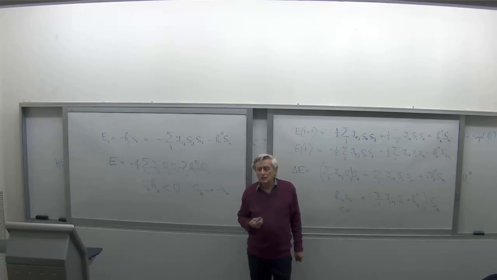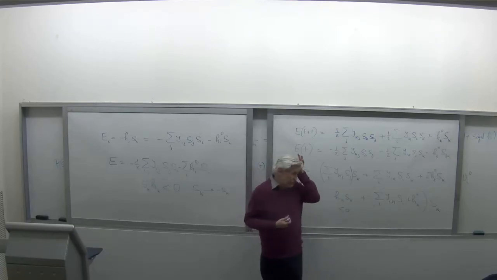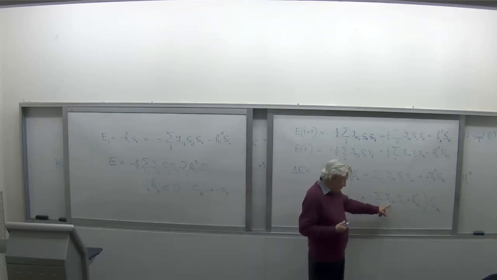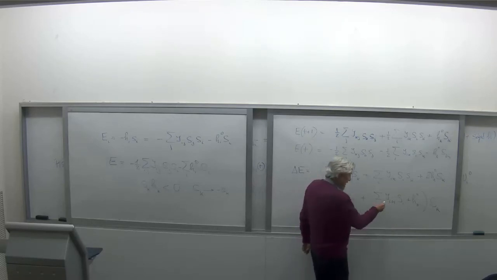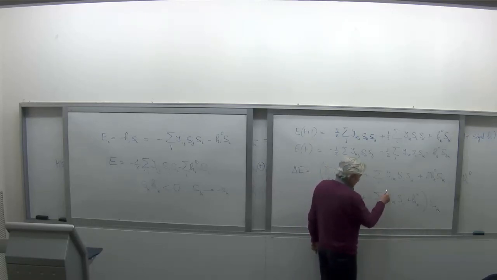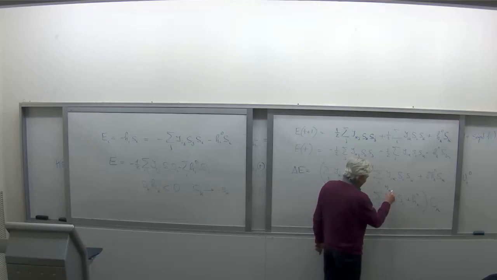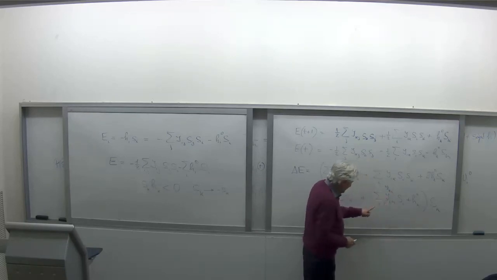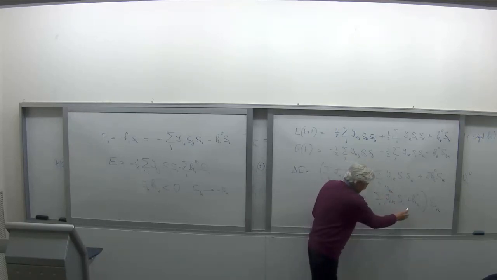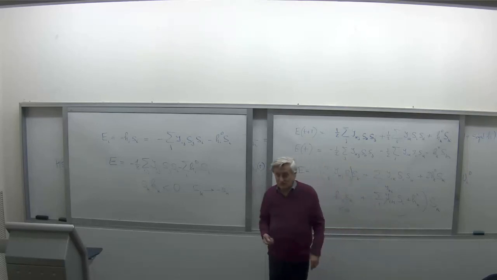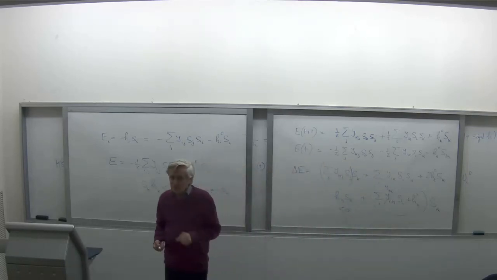If the J_ij is symmetrical. If J_ik would be equal, if I can instead of this write J_ki, then you see this is also the magnetic field.